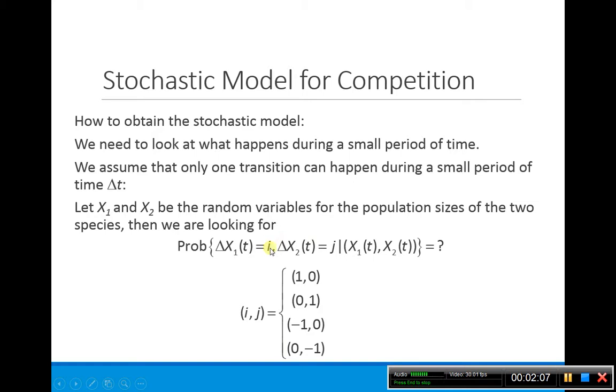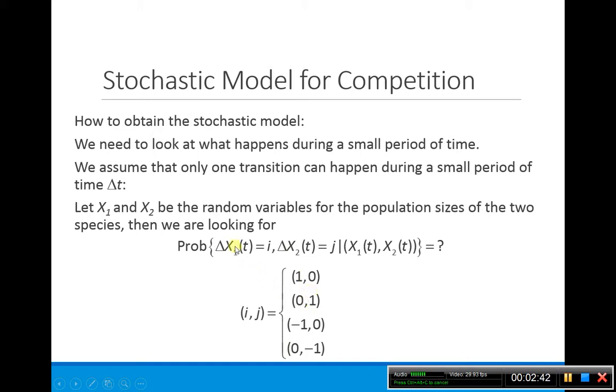If you're thinking about a small period of time, I can increase population 1 by 1, and that would be the only thing that changes. I want to keep population 2 the same, because only one thing can happen at a time. The other thing that could happen is I can increase population 2 and x1 stays the same during my small time interval.